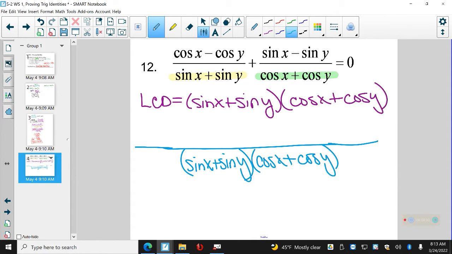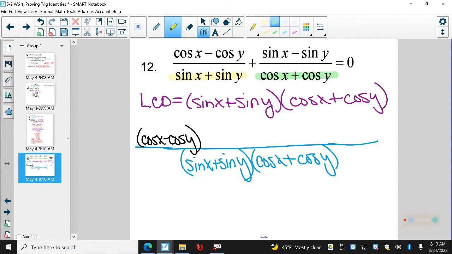Okay, are we ready? Now, I am going to drop down the current numerator because regardless, I have to have it. Now, what did I tack on right here to that sine x plus sine y to get the current LCD?